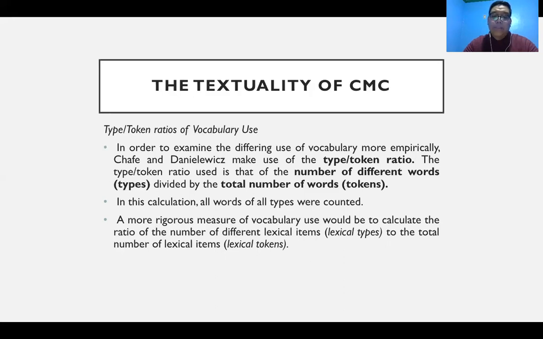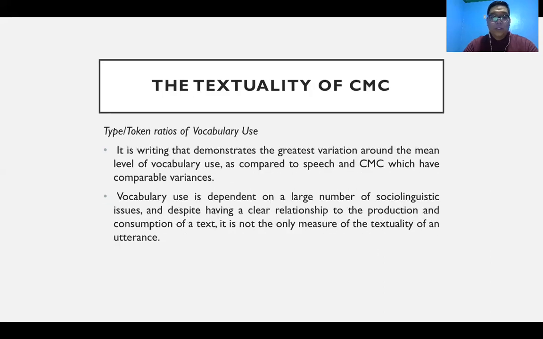A more rigorous measure of vocabulary use is to calculate the ratio of the number of different lexical items, which we call lexical types, to the total number of lexical items, which we call lexical tokens. It is writing that demonstrates the greatest variation around the mean level of vocabulary use, as compared to speech and CMC, which have comparable variances.